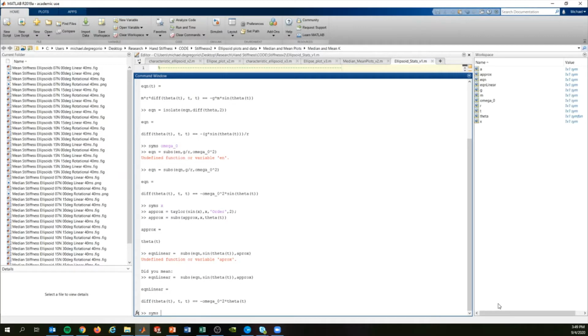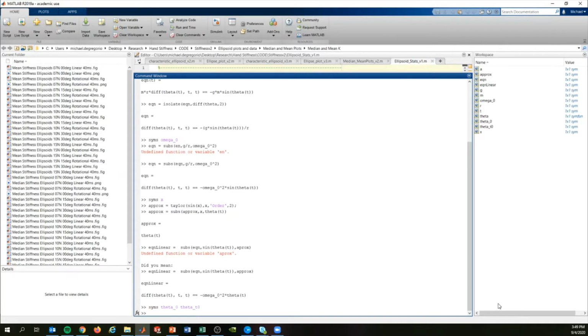All right, so I need to set up my syms again. Theta underscore 0 and theta underscore t0. All right, setting up two new variables. Theta underscore t is equal to the differential of theta. Now I put the semicolon there.